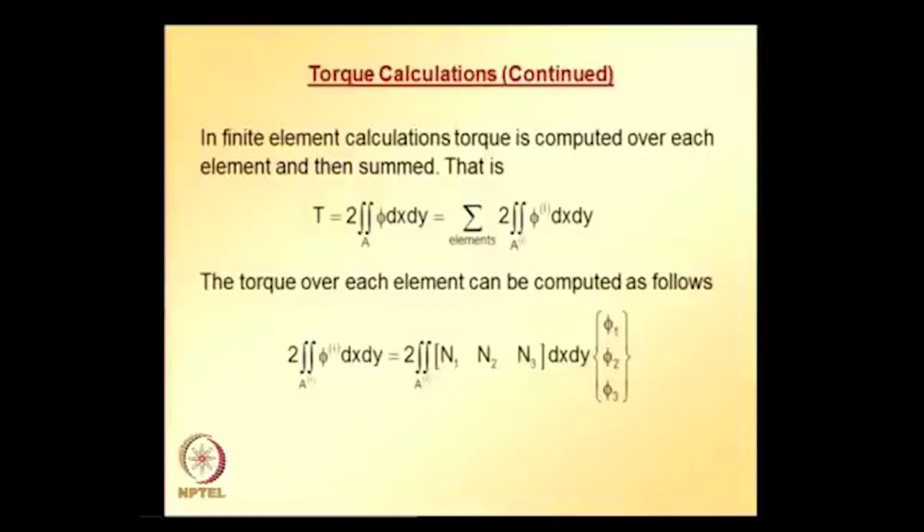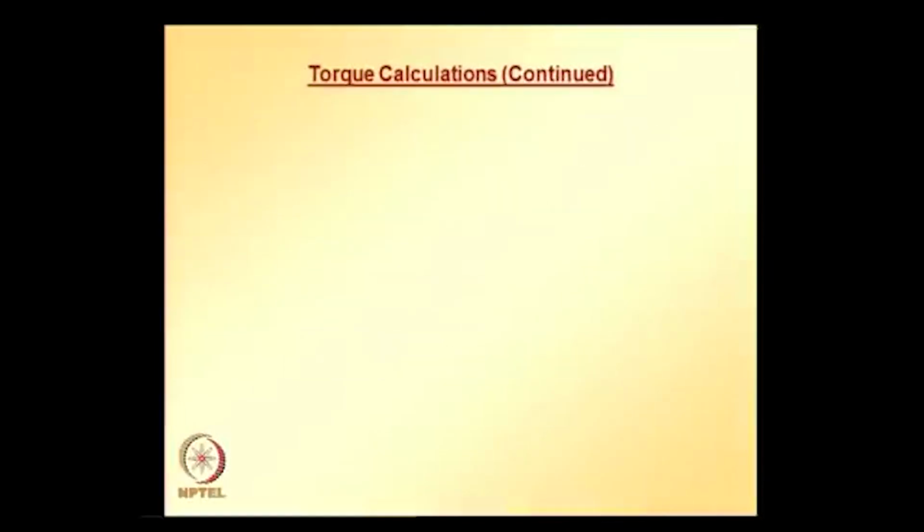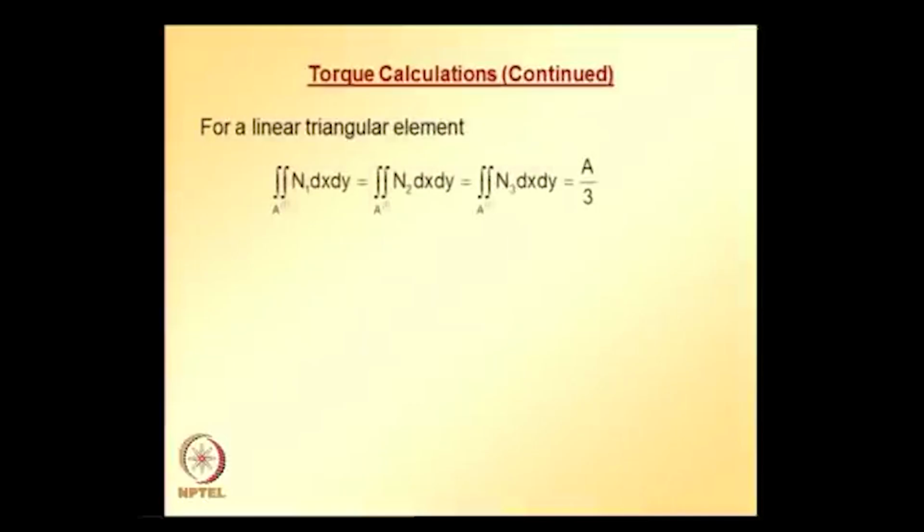And simplifying this equation for linear triangular element, we know that n1 integrated over entire area of triangle, n2 integrated over entire area of triangle, n3 integrated over entire area of triangle is equal to A over 3.